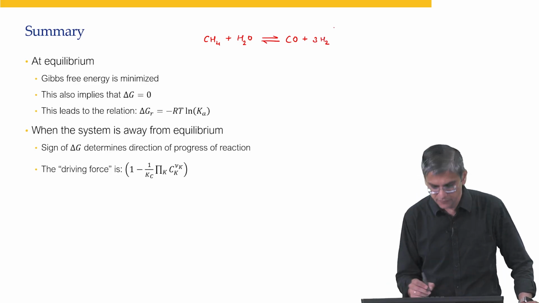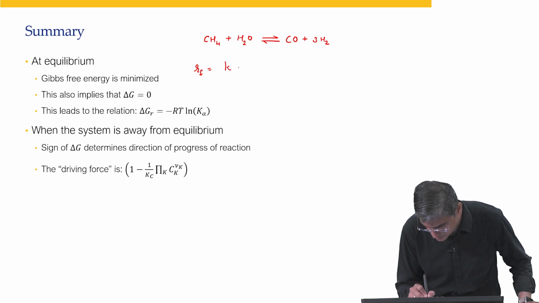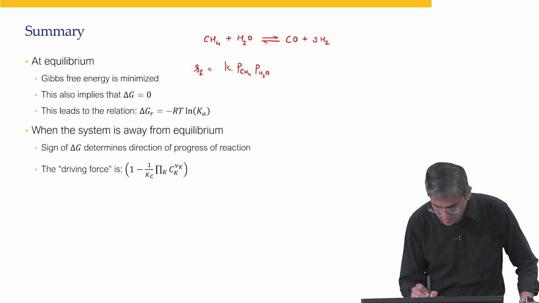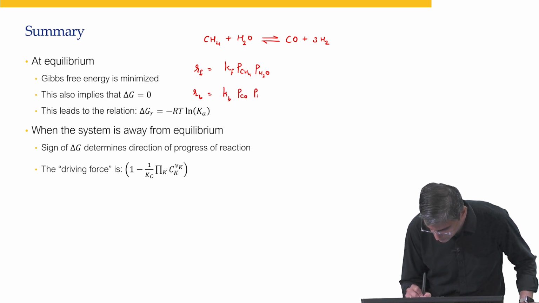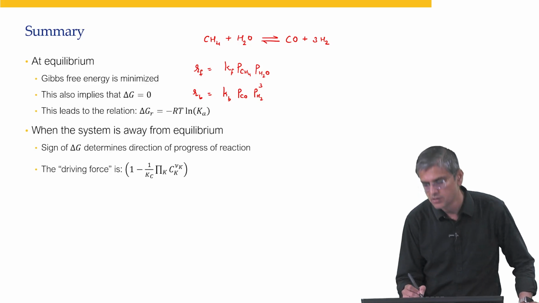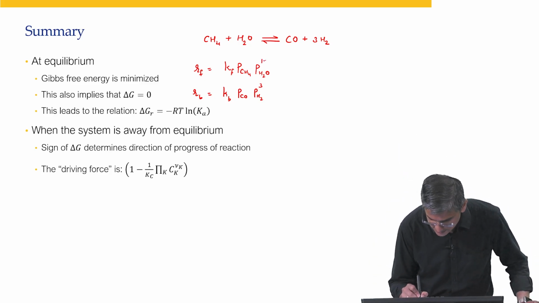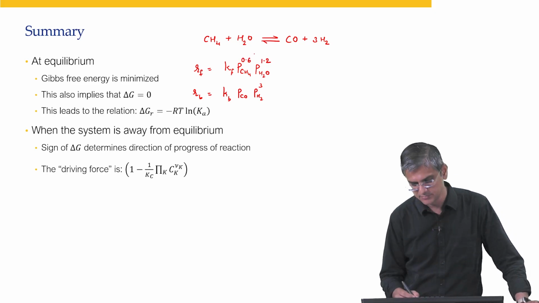And let us say our rate of forward reaction is K. Okay. Then we will have rate of backward reaction as Kb multiplied by. Okay. But let us say the rate of forward reaction was something like this. Okay.